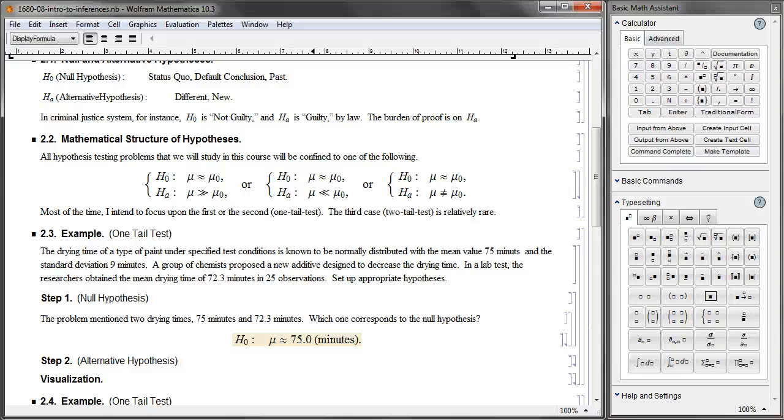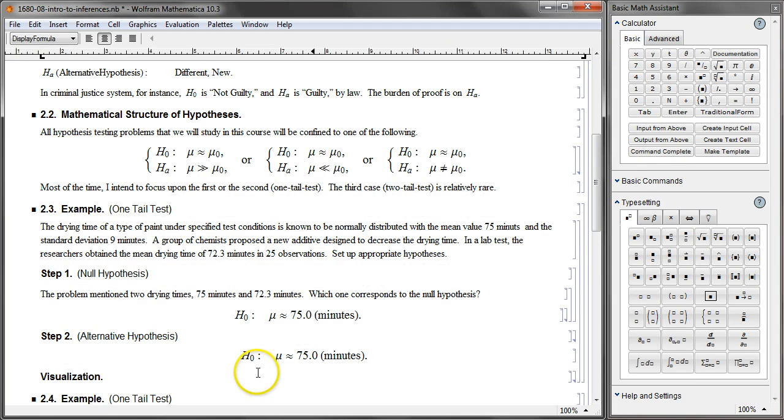Okay, what about the alternative hypothesis? Is the alternative hypothesis mu equal to approximately 72.3? Kind of like this. Is that it? The answer is no. Go back to these mathematical structures.